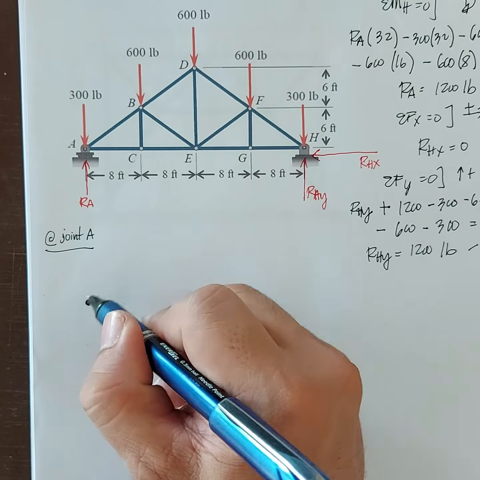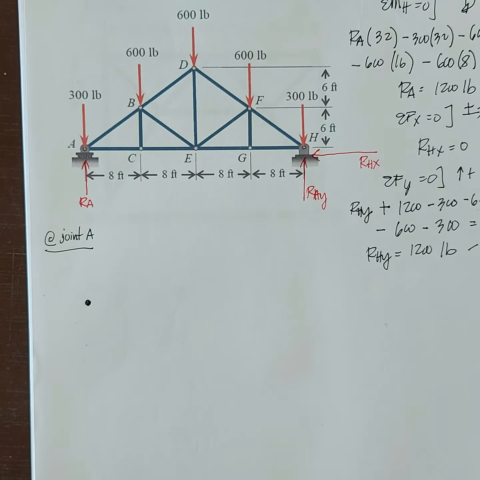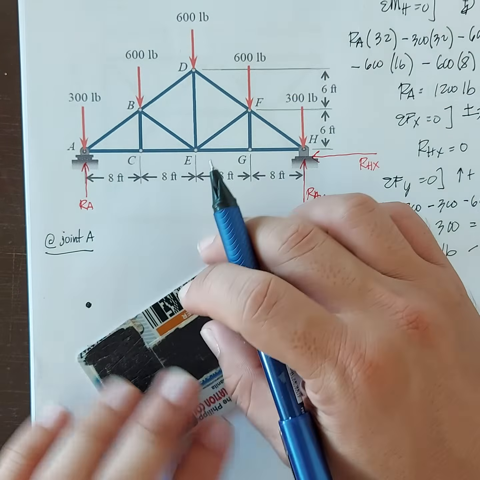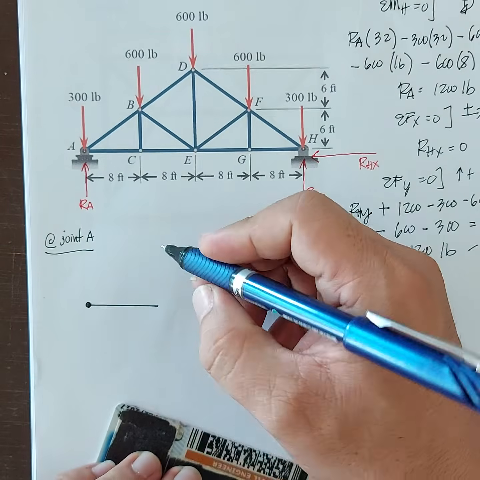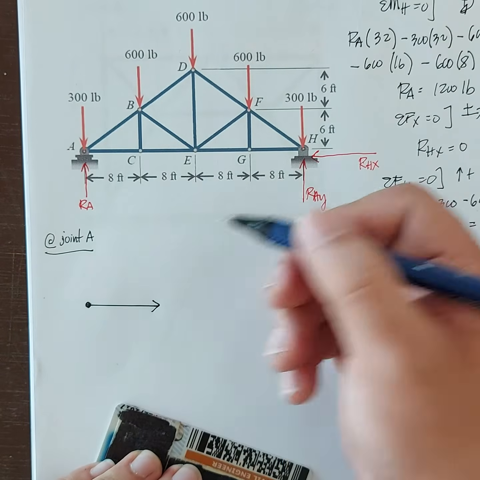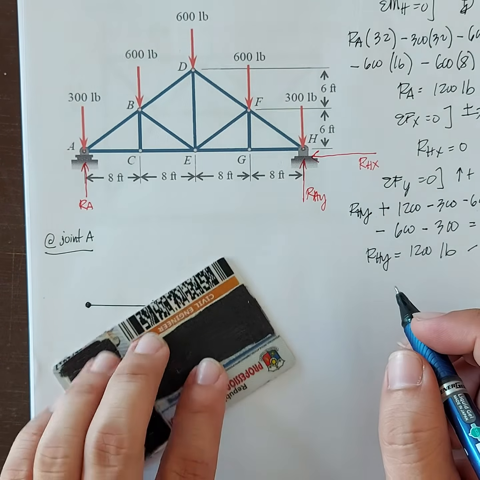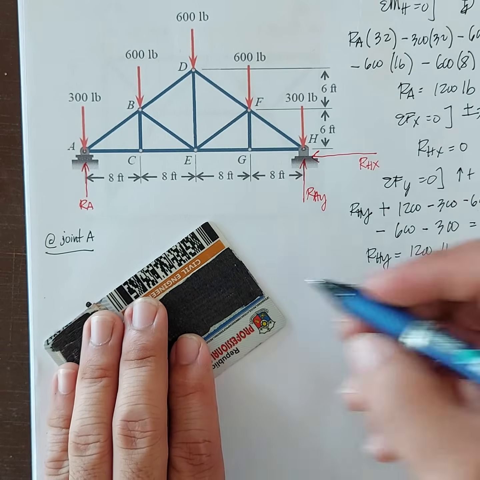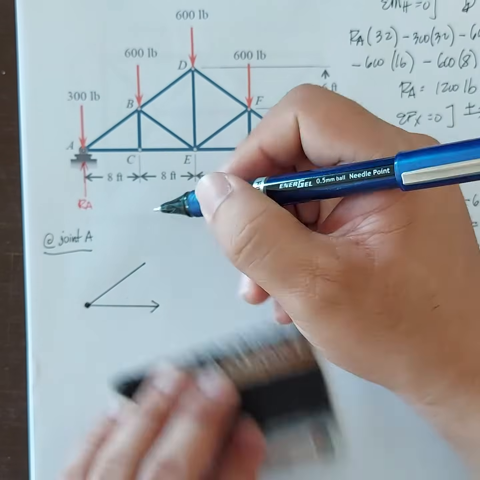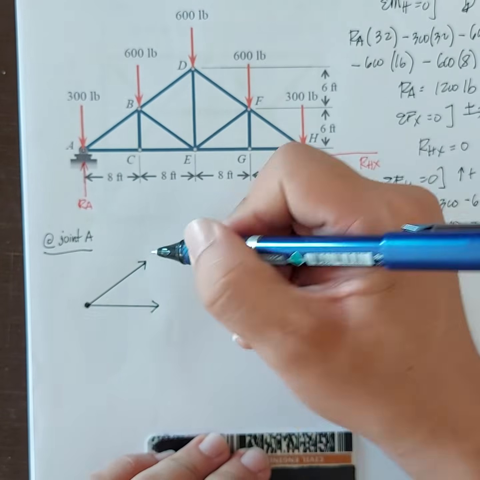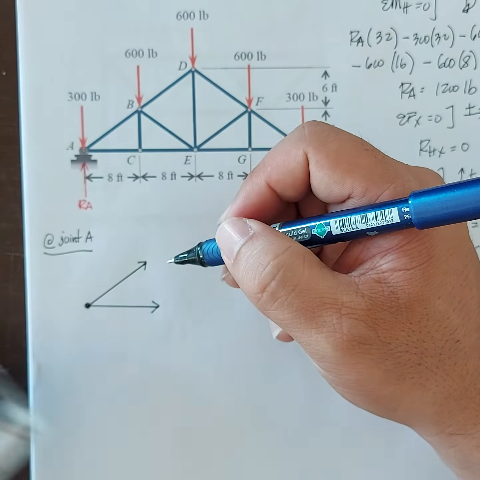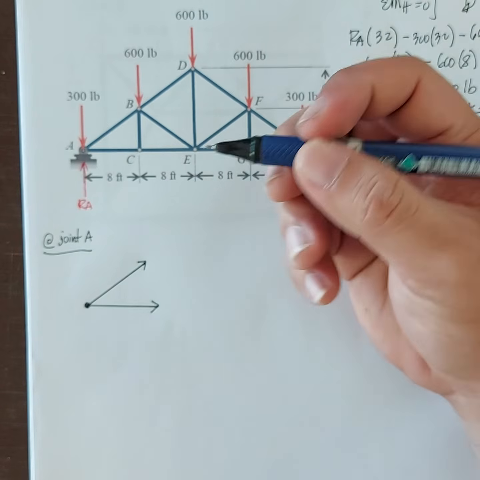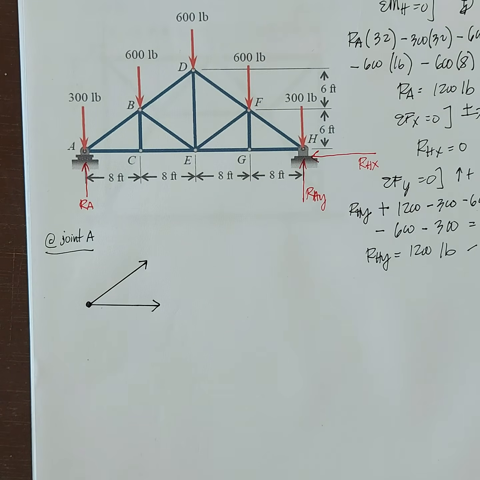So this is A, and we have the bar forces first. Again, let's assume the bar forces are tension, which means away from the joint. When the arrow is towards the joint, that is compression. Okay, and then don't forget, of course, our reaction.